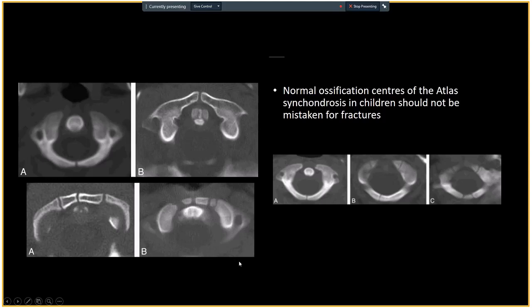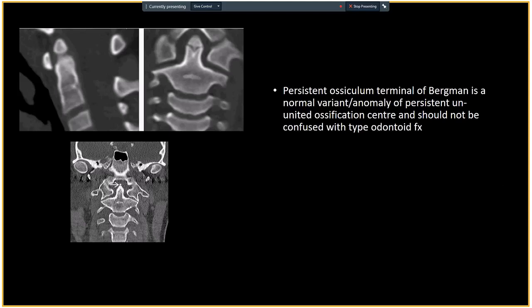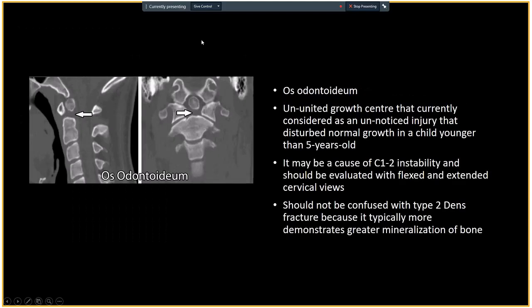Those are normal developmental changes that usually exist in a pediatric spine. Now, the important differential diagnosis is something known as ossiculum terminale, which should not be confused with a type 1 fracture, as well as os odontoideum. So this is ossiculum terminale, and os odontoideum.